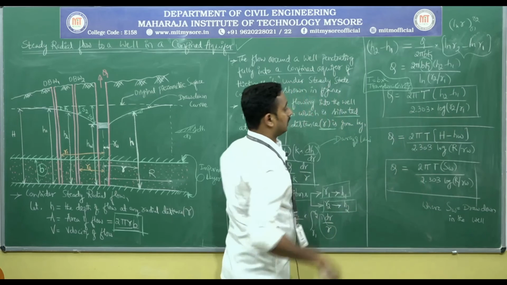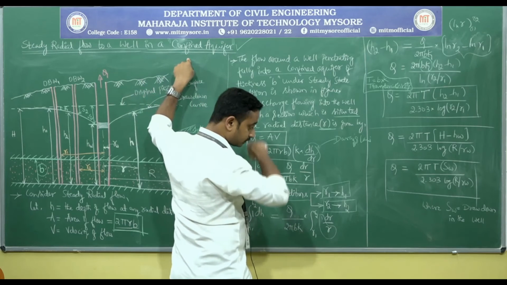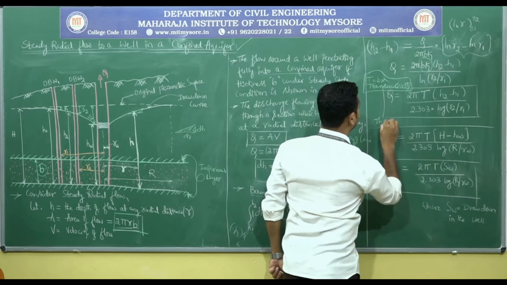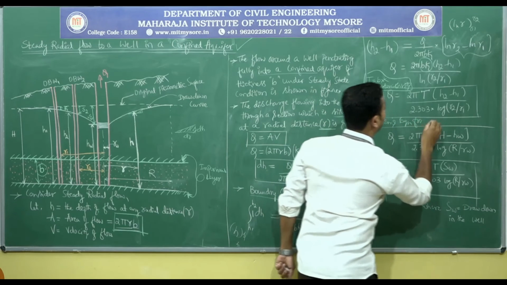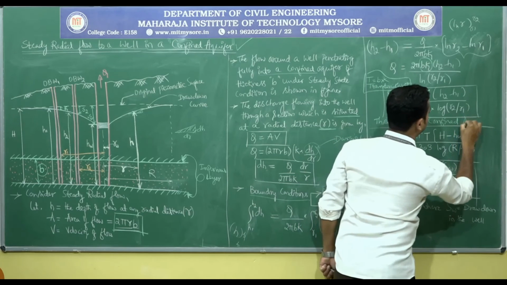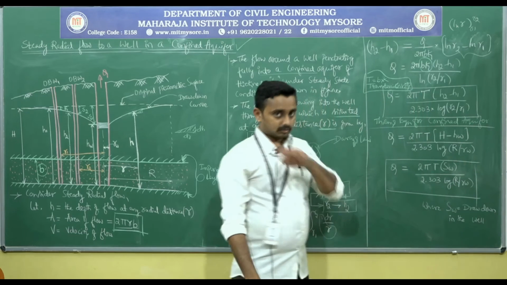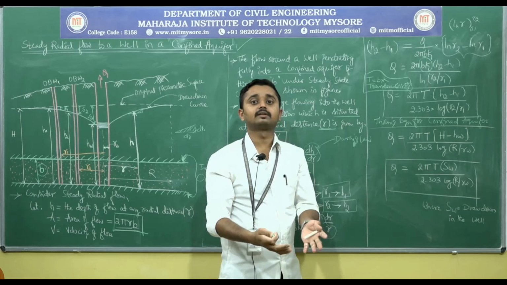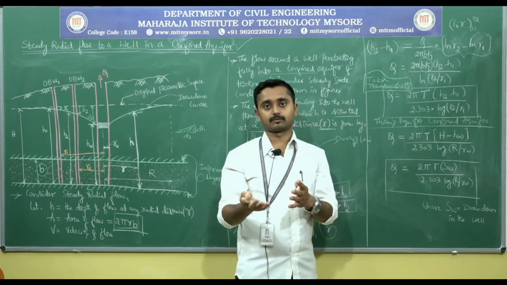This is steady radial flow to a well in a confined aquifer. Simply, we can call this Thiem's equation for confined aquifer. Don't get confused: in the previous derivation we also said Thiem's equation, but that was Thiem's equation for unconfined aquifer.